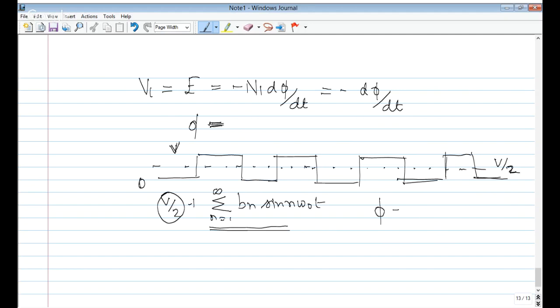That is, the flux will become constant, and this constant flux derivative will be 0. So there will be no DC component induced across the secondary. So what shall happen is, these AC terms will directly get reflected across the secondary, but DC cannot get reflected across the secondary.